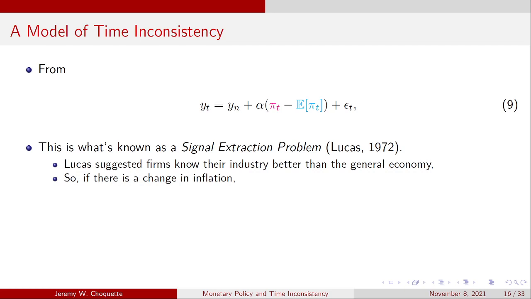Well, if you are in the business of producing microphones, and let's say you work for Shure, and you are currently producing the SM7B, which is the microphone I'm speaking into, you're probably going to know a lot about what goes into the SM7B, what the costs are that you face in producing the SM7B.